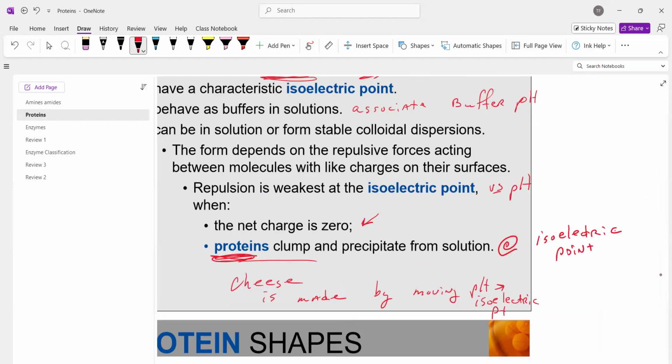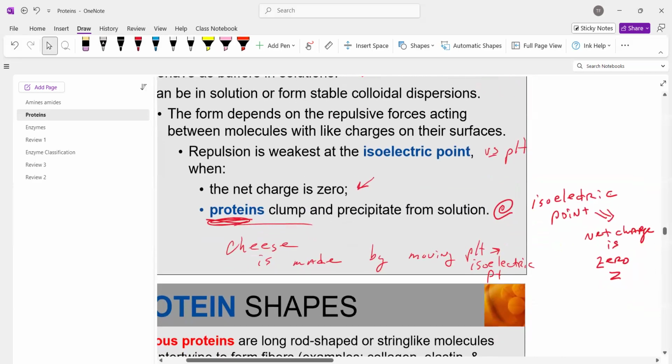And that's where net charge is 0. And as I was saying before, that's how cheese is made.